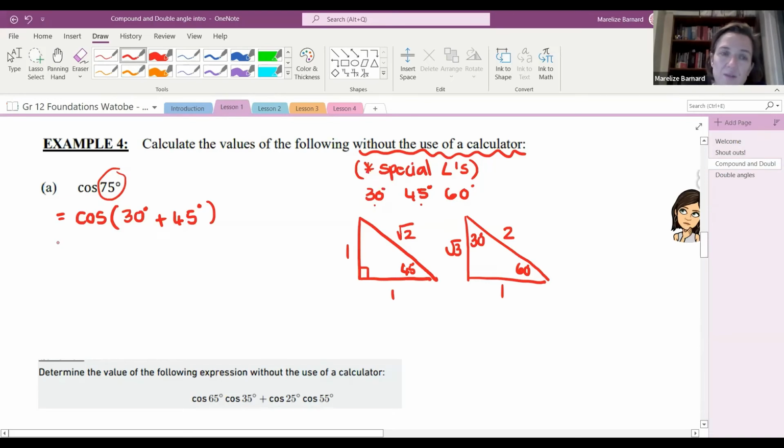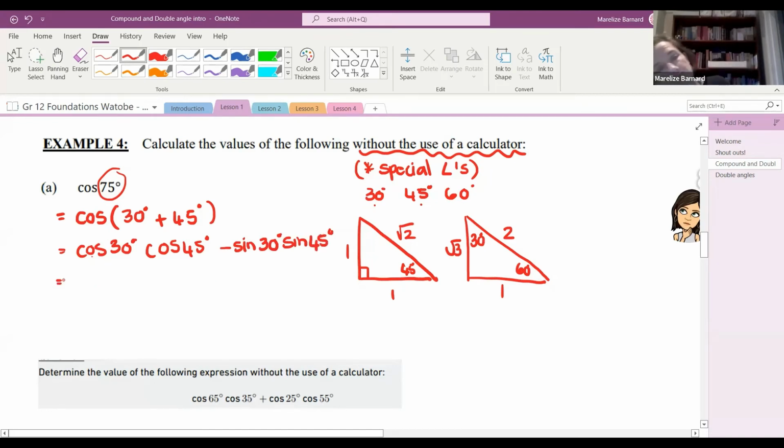And for this, we can now use our compound angle identity to expand it. So cos 30 plus 45, that is cos A plus B. You just go to your formula sheet, you look up your identity, and you expand it. So this is going to be cos 30, cos 45, minus sine 30, sine 45.